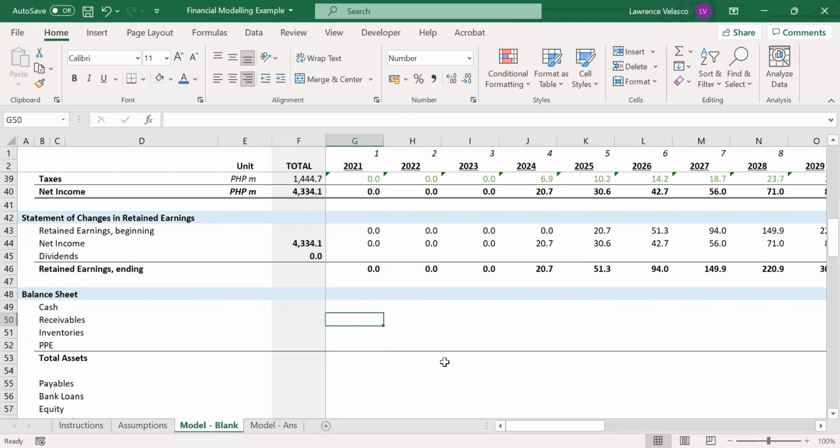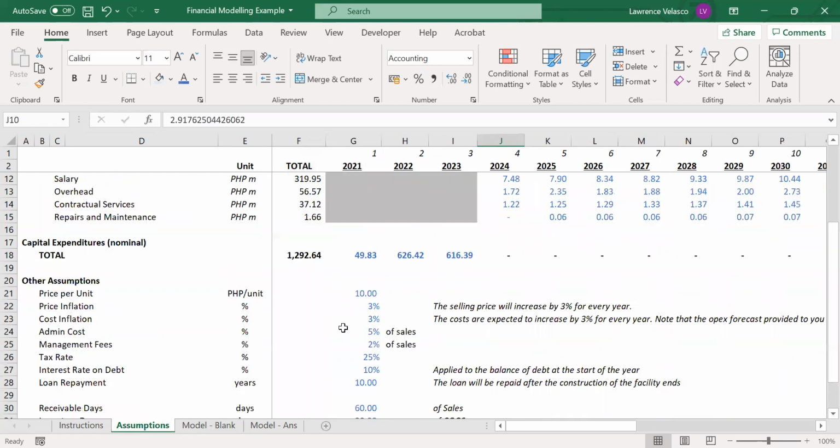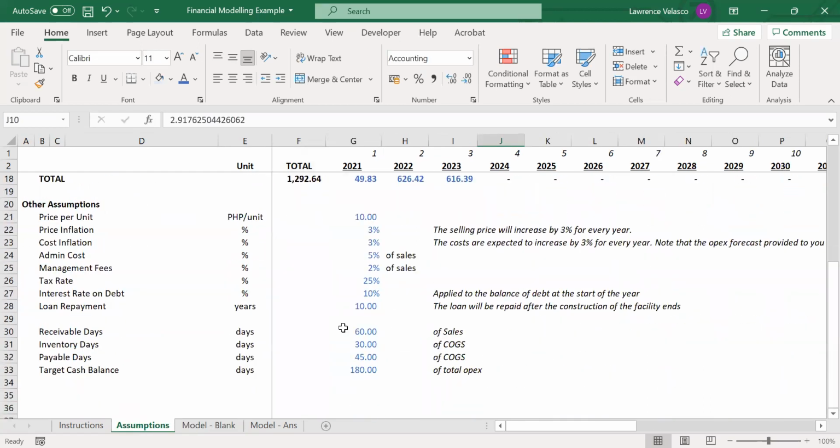Receivables, we know how to do that. Where is our receivables? You know your revenues. Ito, right? And then you want to get 365 days, di ba? 60 days worth of, kasi sabi sa assumptions natin, our receivables is 60 days of sales.